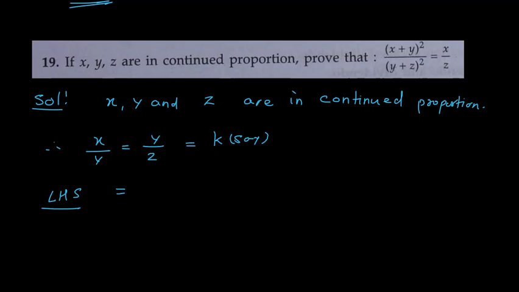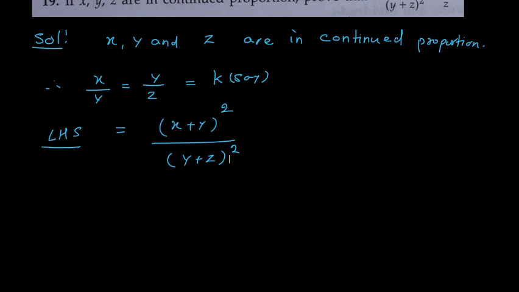Your left hand side is x plus y the whole square divided by y plus z the whole square. This is LHS. X you can write as yk, so in place of x we can write yk, and this is y. So yk plus y the whole square divided by y plus z the whole square, and y you can write as zk.